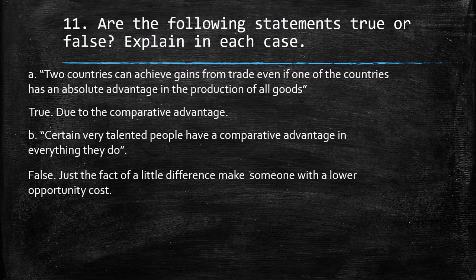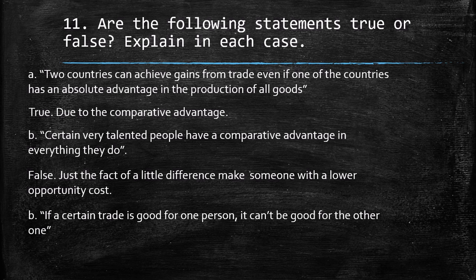As we saw before, there was a professor who is the best at writing and the best at gathering data, but even so he hired one person to find the data, because the opportunity cost of finding the data is so high, since at the same time he can do the other work.